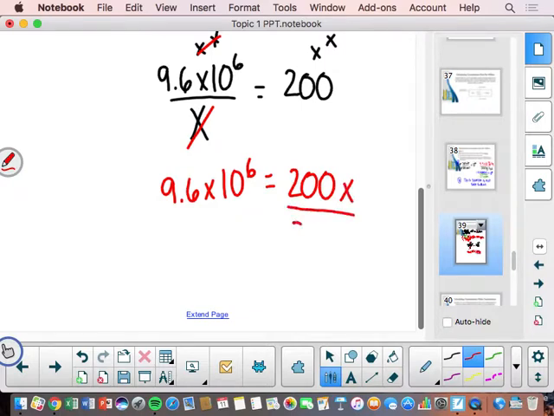Now we want to get rid of 200, so we can leave x by itself. So this ends up being 9.6 times 10 to the 6 divided by 200. They would cancel out, we've got x by itself. This divided by 200 gives us 48,000.